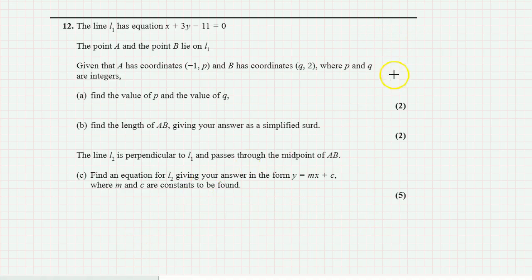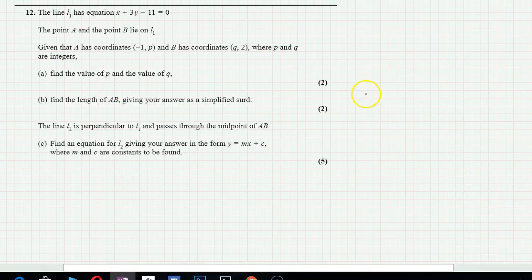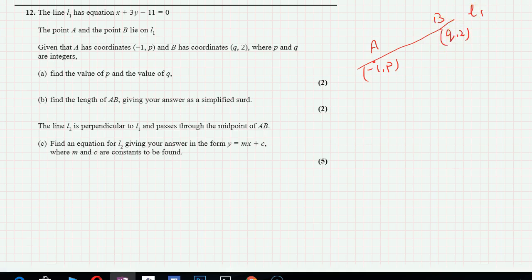Suppose this is a line L1, and these are the points A and B. A is (-1, p), and the coordinate of B is (q, 2). Part A, which is of 2 marks, is to find the values of p and q.